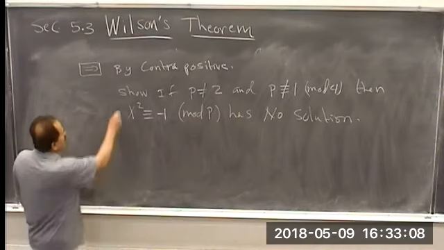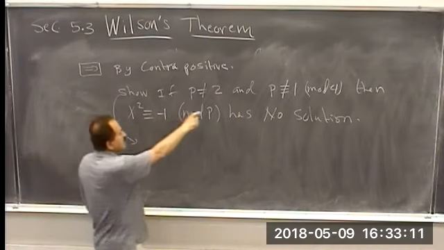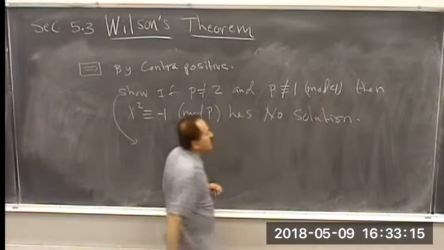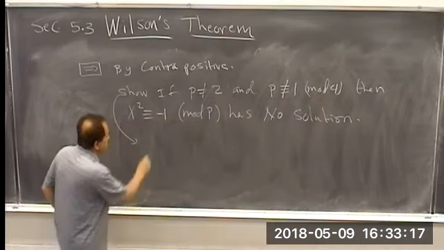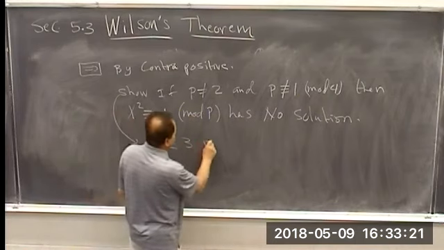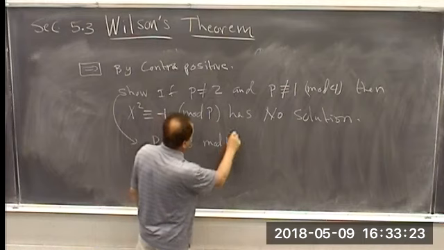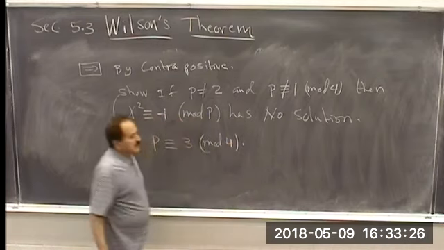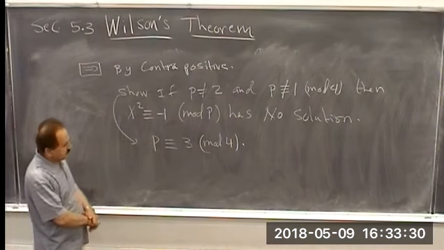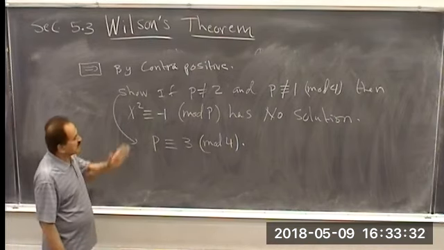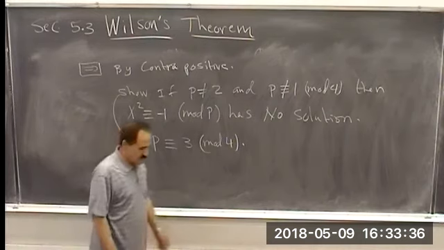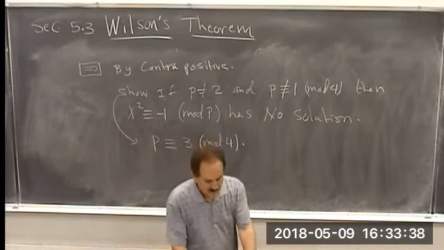Now, from here, P does not equal 2, and P does not equal this, and remember P is a prime also, then P must be congruent to 3 mod 4, because this is the other type of prime, of the form 4k plus r. Either the prime is 2, or 4k plus 1, or 4k plus 3.